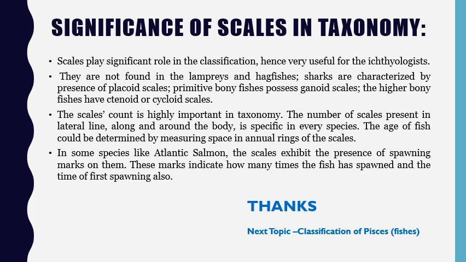These marks indicate how many times the fish has spawned and the time of first spawning also. These are the importance of scales in taxonomy. This is overall the types of scales, and the next topic, in the next lecture, is the classification of the fishes. Thank you very much.